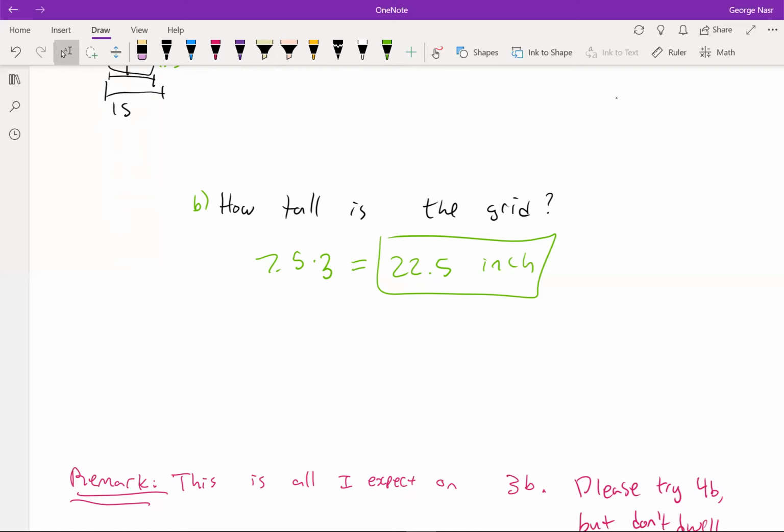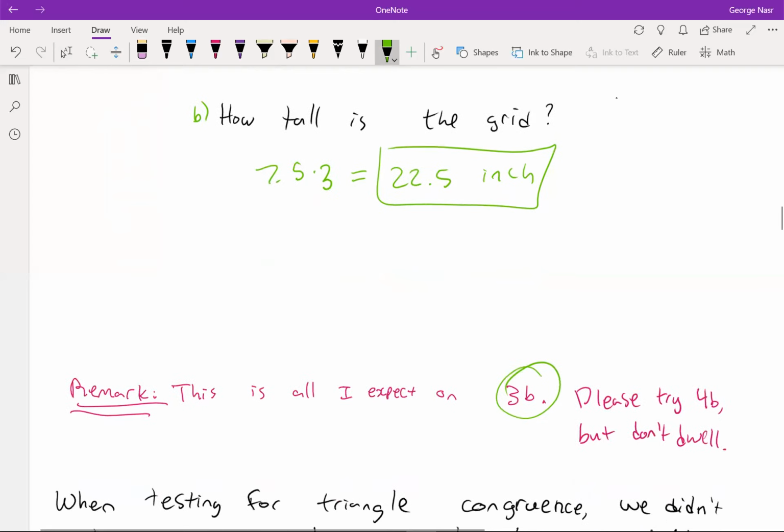3B asks for a lot on the homework, and I don't really need you guys to dwell on all those extra parts of the problem so much. I do want you guys to try 4B, specifically the part about finding a relationship between X and Y, I think it says. Sorry, I'm looking at the book. Yeah, it says, how are X and Y related?